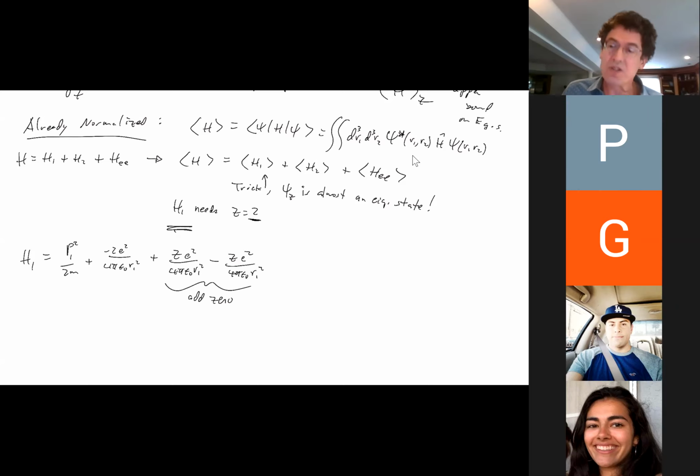We can always add 0 to anything, right? And then we notice that this is equal to H1 prime plus (Z minus 2) e squared over 4 pi epsilon naught R1. Oops, I shouldn't square those things.